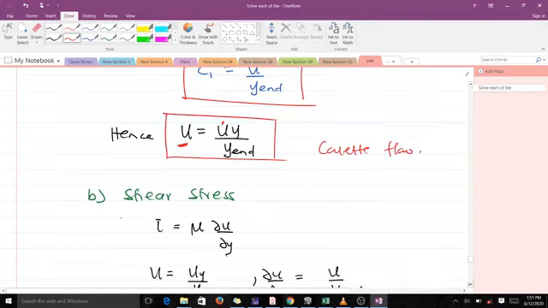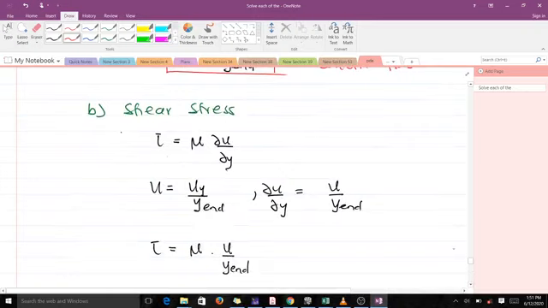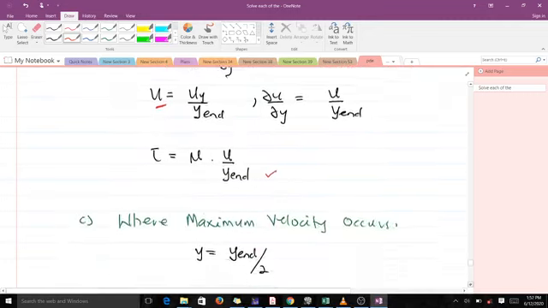Then we have the shear stress. It is given by tau equals mu del u over del y. We have our u here, so when you find del u over del y, we get U over y_n, and putting that into the expression gives us what we have here. This is the shear stress for the Couette flow.